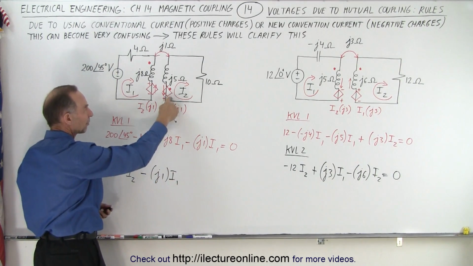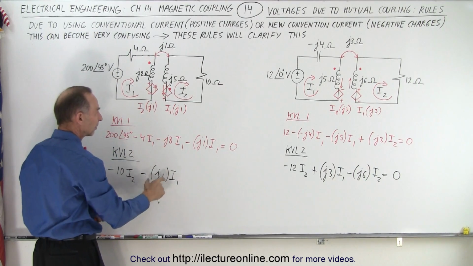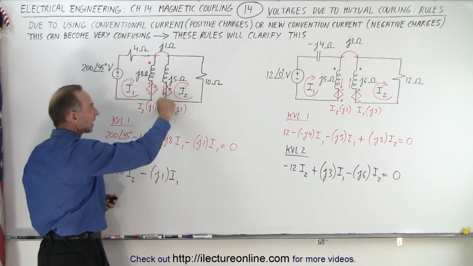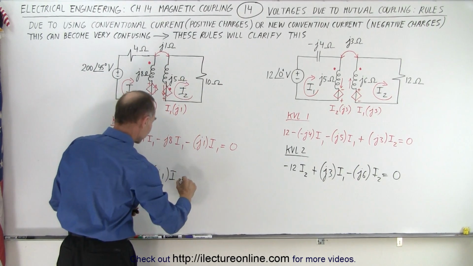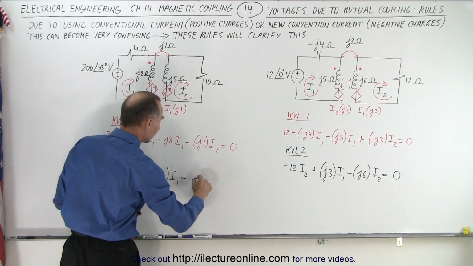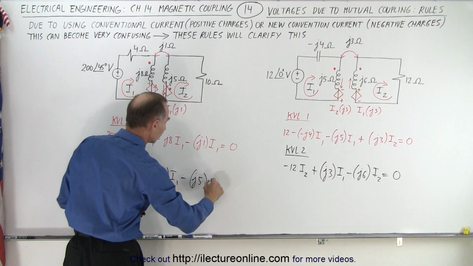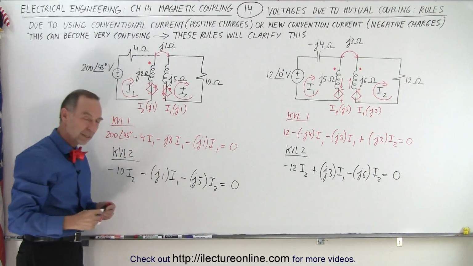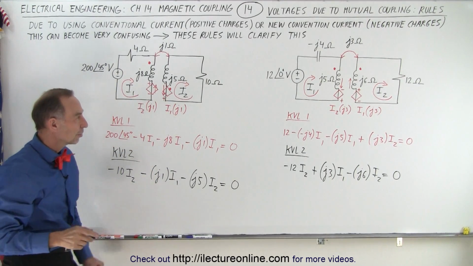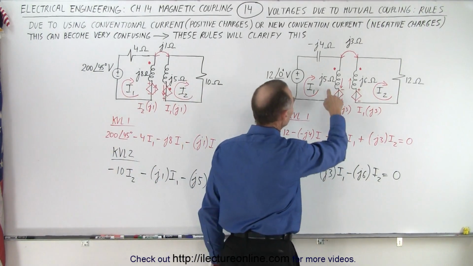It's negative because we go from positive to negative. Then we have a voltage drop across the inductor, minus j5 times I2, and then we're back to where we started, equals 0.